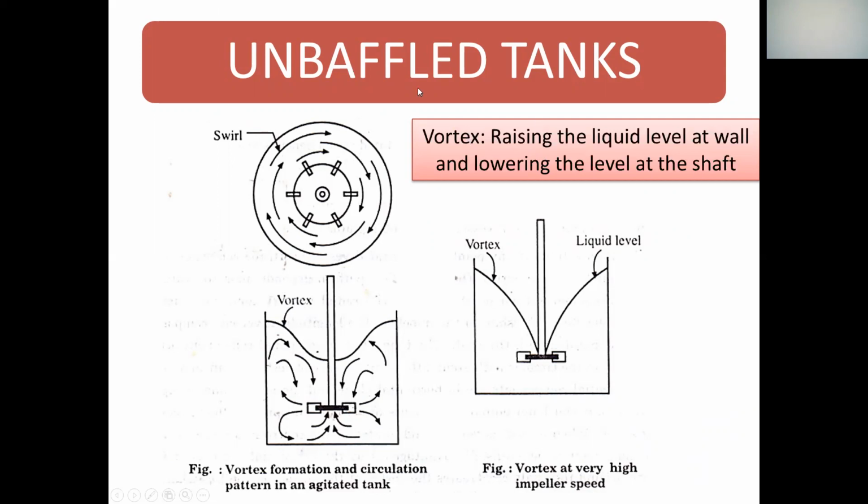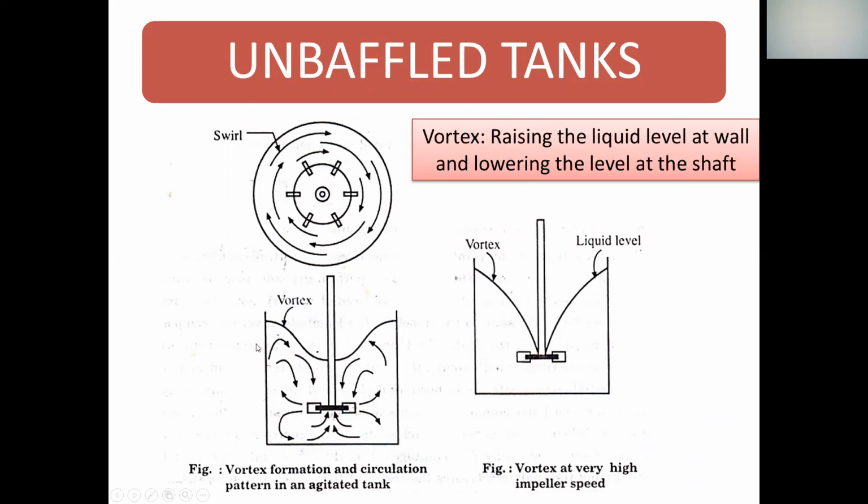So vortex is basically rising of the liquid level at the wall and lowering of the level at the shaft. So you can see the liquid level just rises at the wall and it has lowered at the center, at the shaft. So that is nothing but the vortex formation.